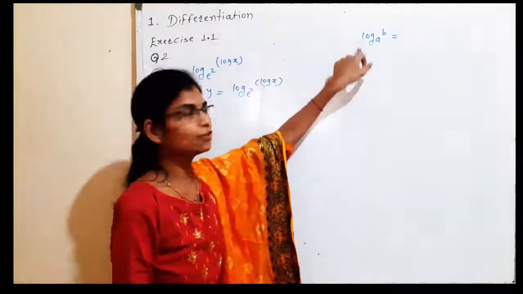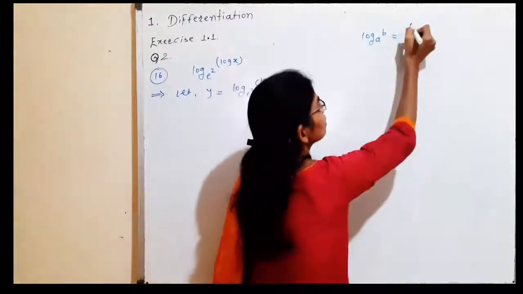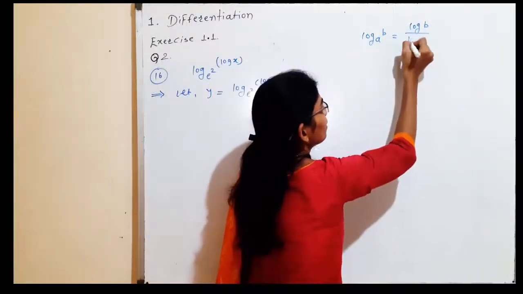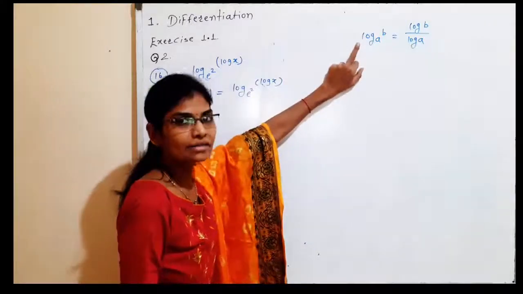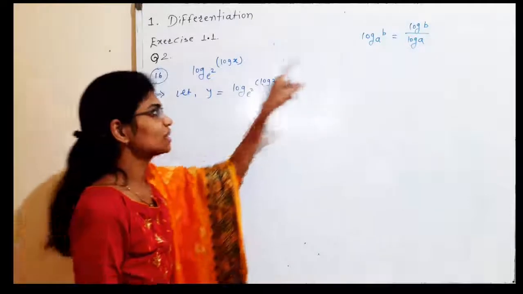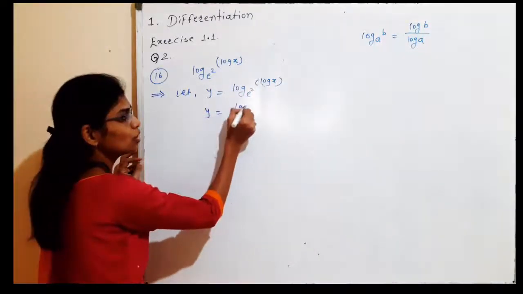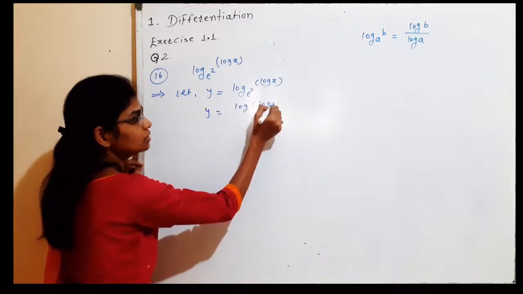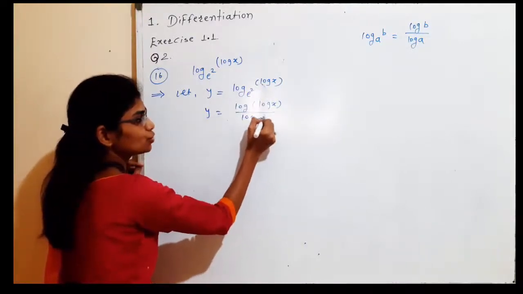Whenever the function is in the form of log of a to the b, then we can write it as log b divided by log a. And this rule is known as the change of base law. By this rule, we can simplify the given example as y is equal to log of log x divided by log of e raised to 2.